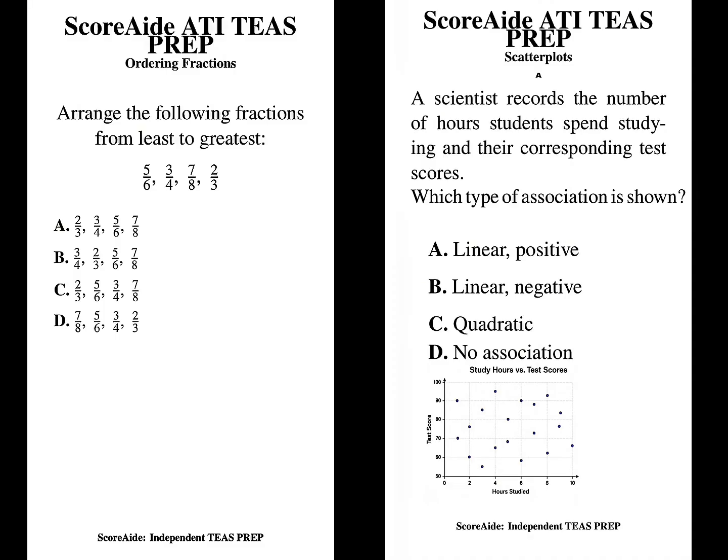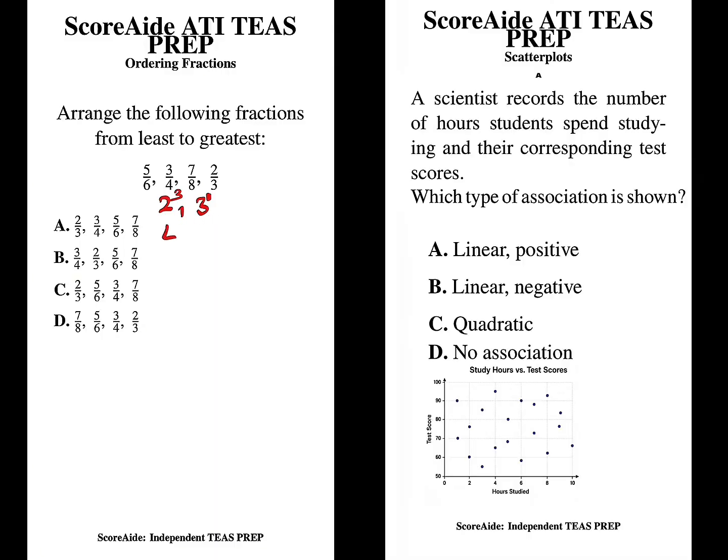Arrange the following fractions from the least to the greatest. When I look at these denominators, I see that the only prime numbers we have here are 2 and 3, right? What is the highest power each prime number can take in the denominator? We only have 6, 3, so 3 can only take the power 1, but 2 can take 8, which is to the power 3.